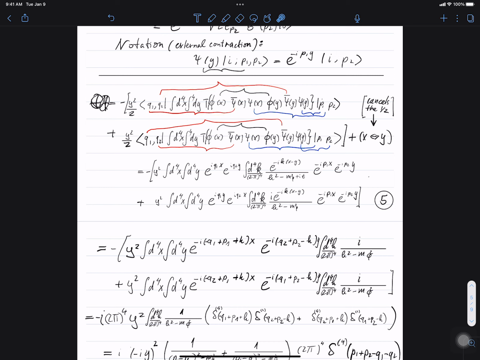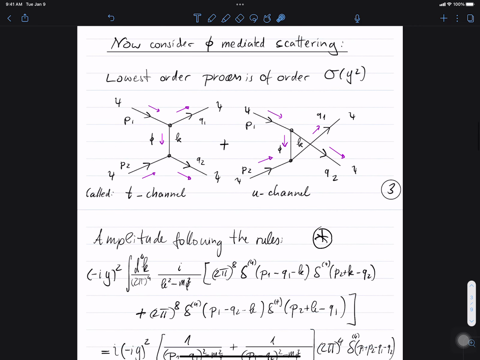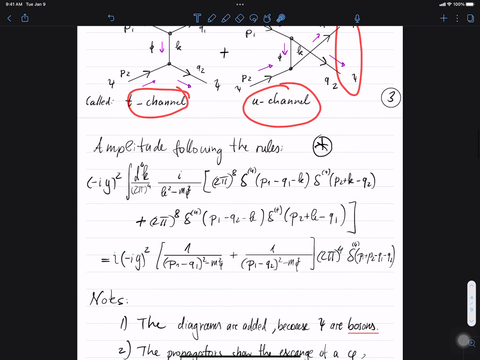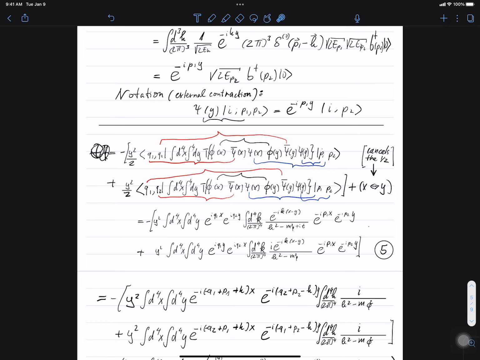And there are two possibilities to contract. Of course, we could contract this one with Q2 and this one with Q1. This freedom to swap them corresponds exactly, I just want to mention at this point, to swapping the final states Q1 and Q2 and getting a T-channel or a U-channel topology in terms of diagrams. But in terms of the contraction, it's just the freedom of contracting them with different fields.